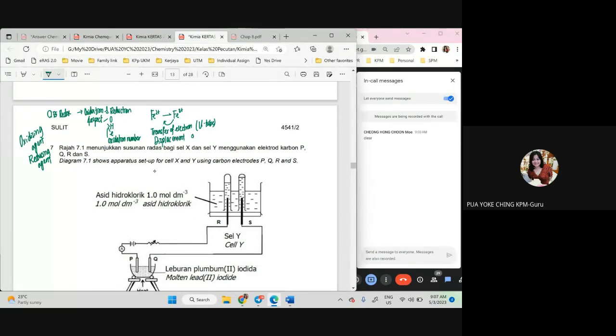One is displacement of metal from its salt solutions. Another one is displacement of halogen from its halide solution. So kita ada 2 displacement.